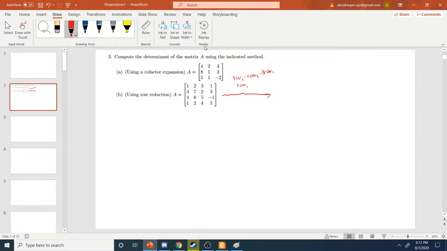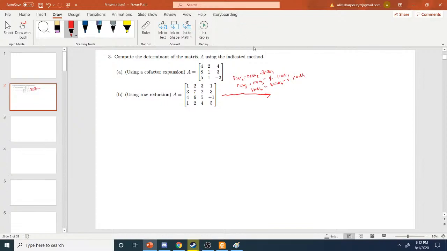We're going to set row 4 to be equal to row 4 minus 4 times row 1. Or actually, I'm sorry, 3. That should be row 3. And then we're going to set row 4 to be equal to row 4 minus 1 times row 1.